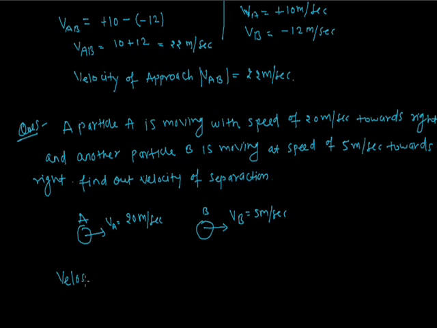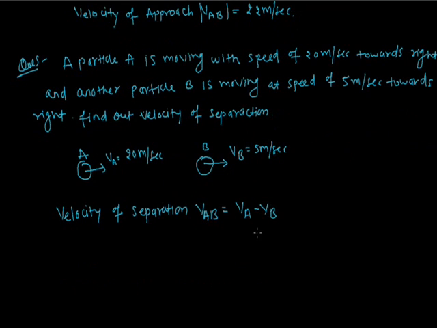So the velocity of separation, that is VAB, the velocity of A with respect to B, will be VA minus VB. So the velocity of A with respect to B is equal to the velocity of A with respect to ground, or we can say with respect to origin, minus the velocity of B with respect to ground.